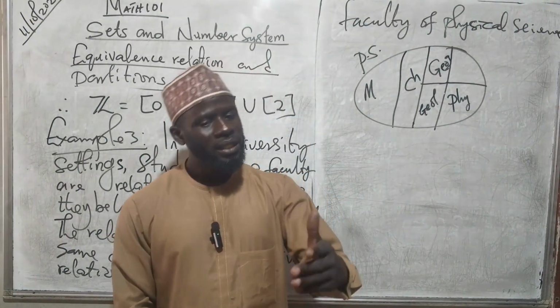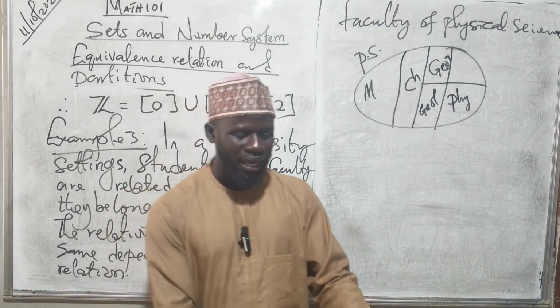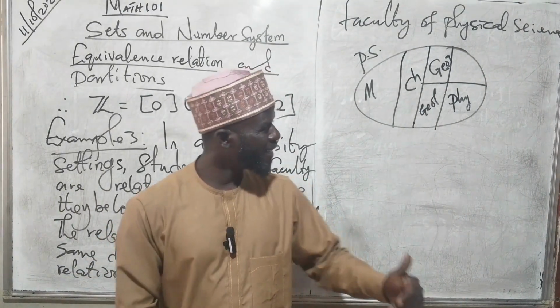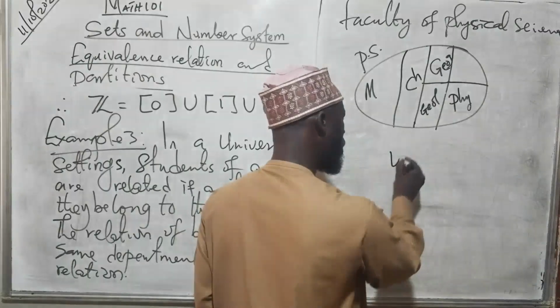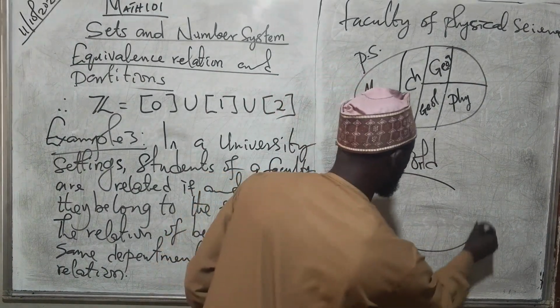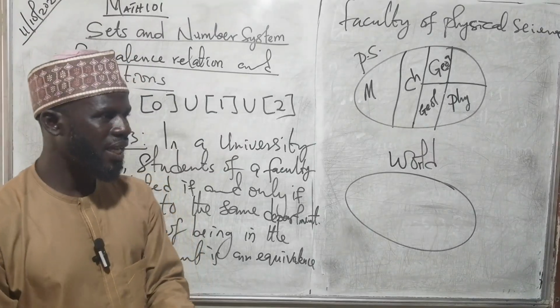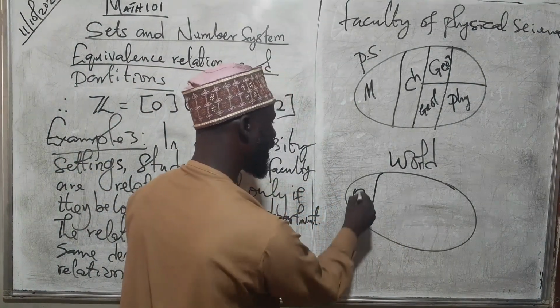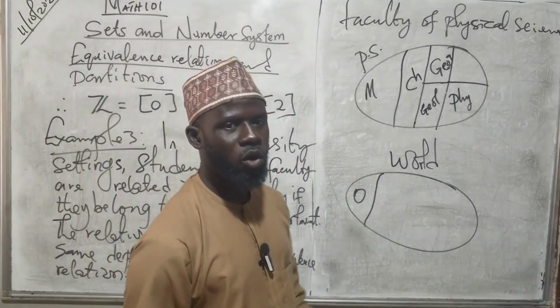So this will partition the whole people in the world into equivalence classes. This is the whole world. It will be partitioned into equivalence classes. And these equivalence classes will be the class containing the O positive, O negative.